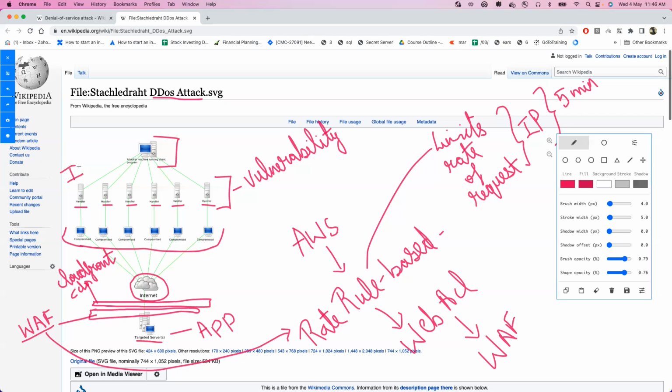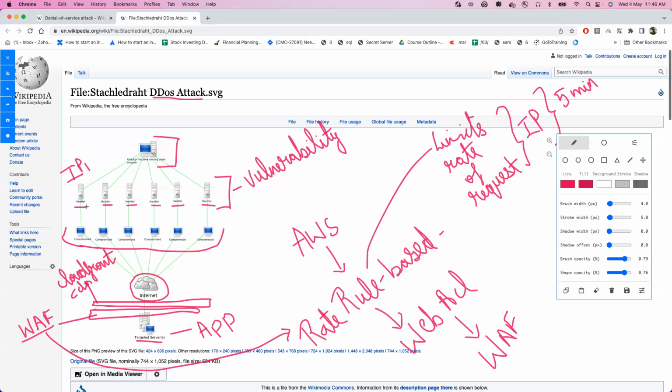Let's say this is IP1. Temporarily, IP1 gets blocked, so this server is blocked from sending requests because it is trying to send too many. Because the server is blocked on a temporary basis, the number of requests will be reduced. This happens for all the servers individually.